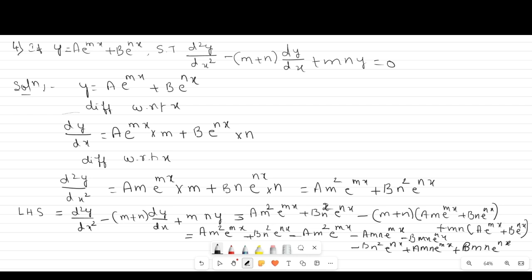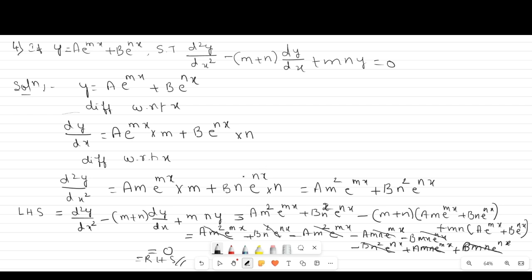Okay, see, every term will get cancelled. a m square e power mx and minus a m square e power mx, b n square e power nx and minus b n square e power nx will get cancelled. a m n e power mx will also get cancelled. Every term will get cancelled. So that is equal to 0. This is what we are having in the right hand side. So this is the proof.